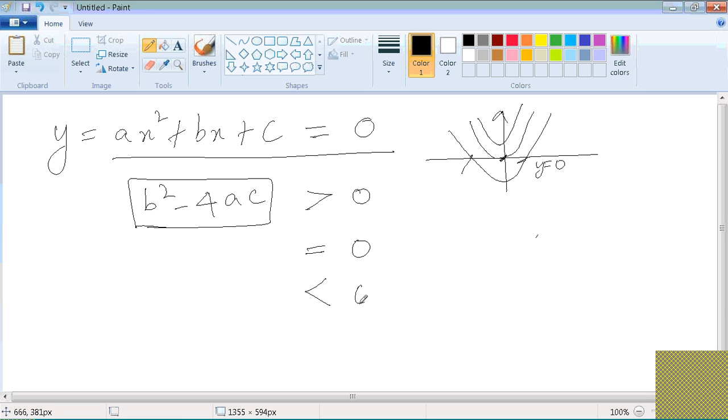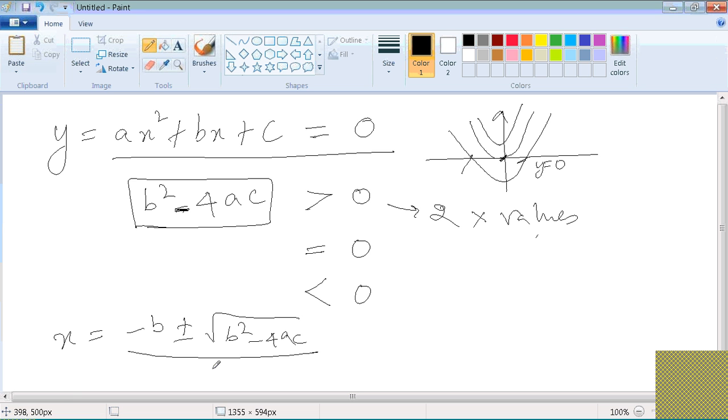There are three possible values for this. Right? When b squared minus 4ac is greater than 0, we are talking about two valid x values. So usually when you look at the x value of a quadratic equation, you get minus b plus or minus root of b squared minus 4ac by 2a, right? This is the quadratic formula.